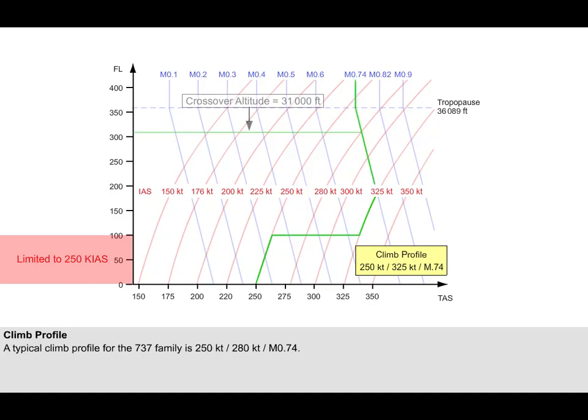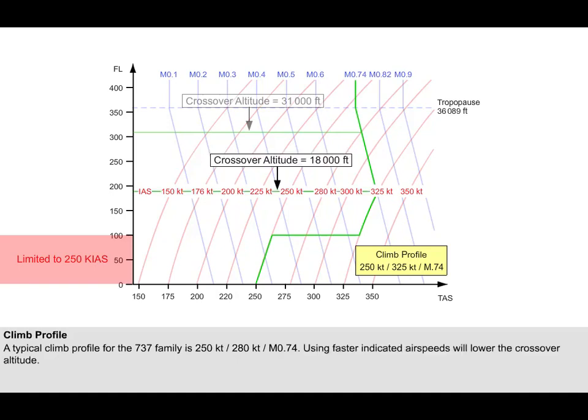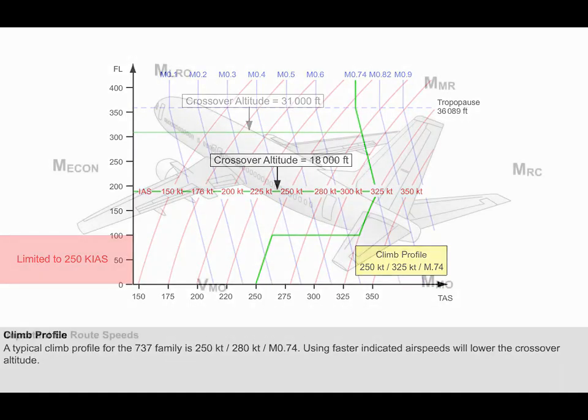Once the Mach number has increased to 0.74, then the aeroplane climbs at 0.74. Notice now the crossover altitude is lower at 18,000 feet. Therefore, if the indicated airspeed is increased in the climb profile, the crossover point decreases to a lower altitude.